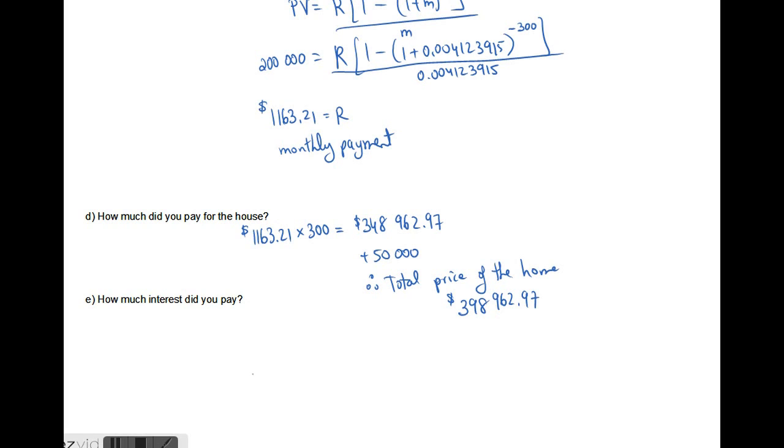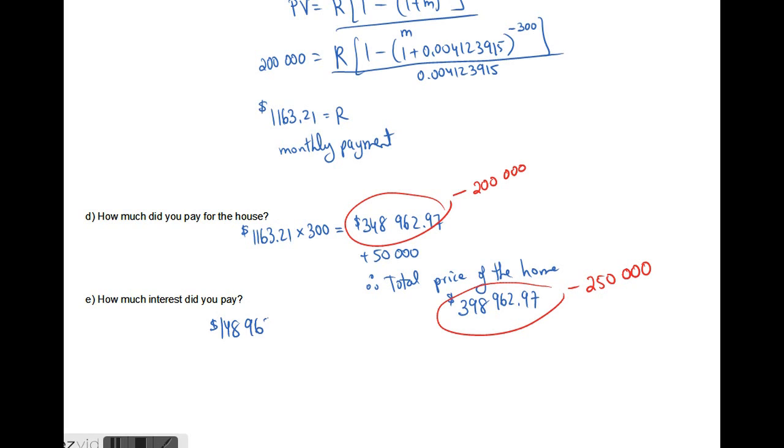You should either take this and subtract the actual loan, or you could take this one and subtract the price of the home. Whichever way you want to do this, you'll have 148,962.97 worth of interest.